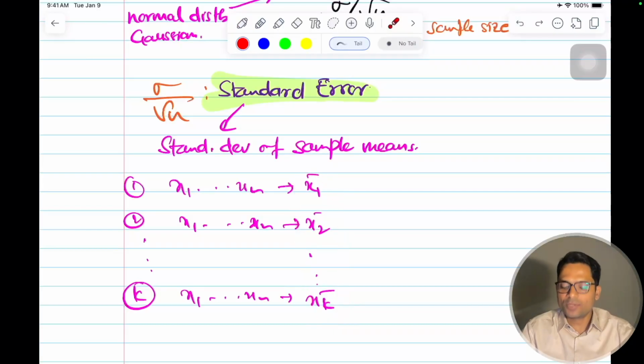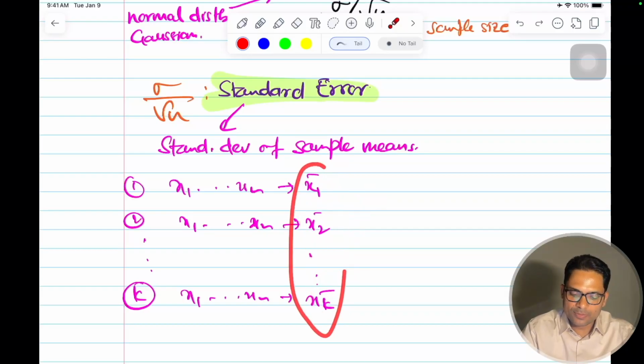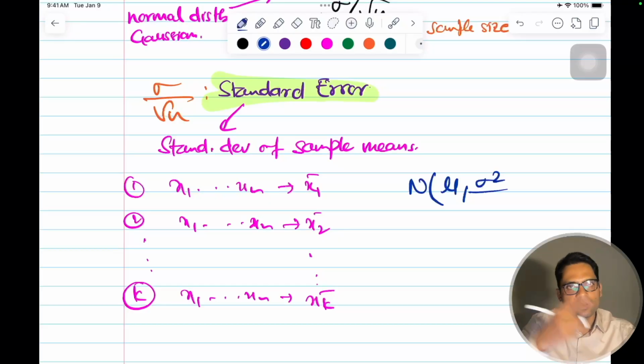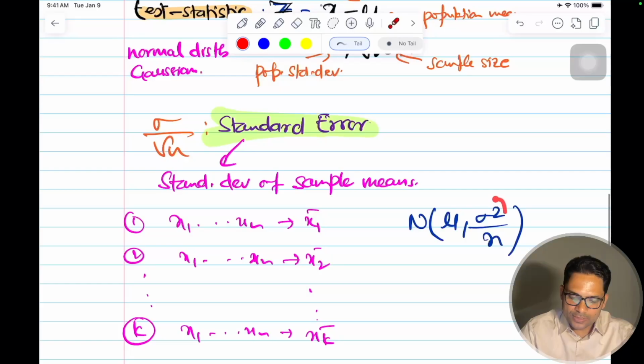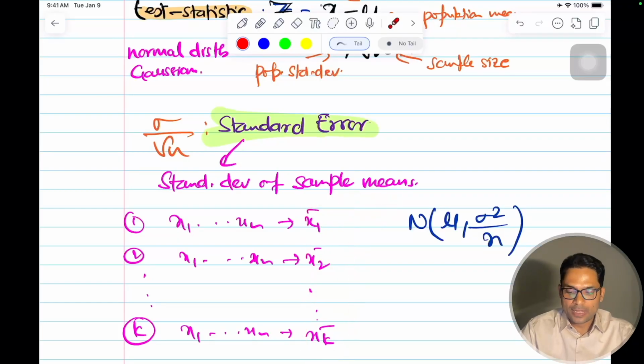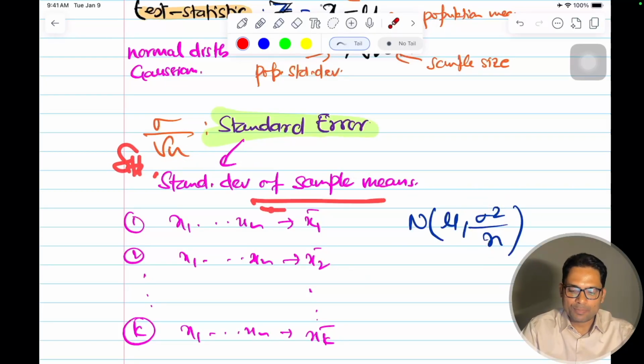So we have these sample means, remember from the central limit theorem. When we plot these sample means, they will follow a Gaussian distribution with mean mu, converging to the population mean, and the variance will be sigma square by n. The square root of this is the standard deviation of the sample means.